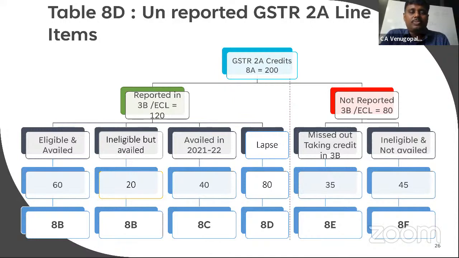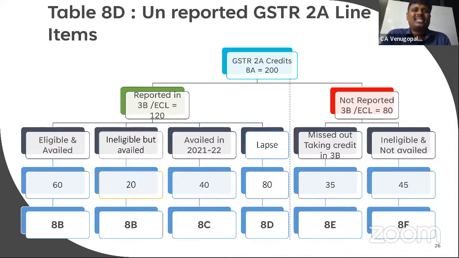Basically, you are coming to a reconciliation. If certain things are eligible but did not get reported, then it is like a lapse, and you report it in your 8D. Those credits that you have not reported, why did you not report them?